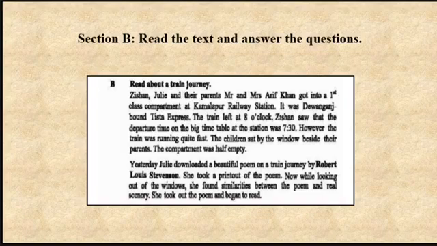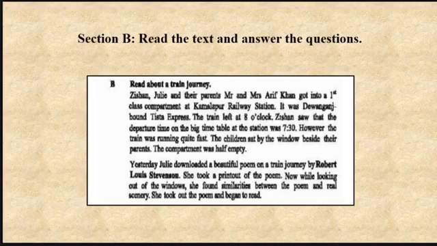So this is our text today. You can understand different features of this text: Julie, Jisan and their parents, Mr. and Mrs. Arif Khan, got into a first class compartment.